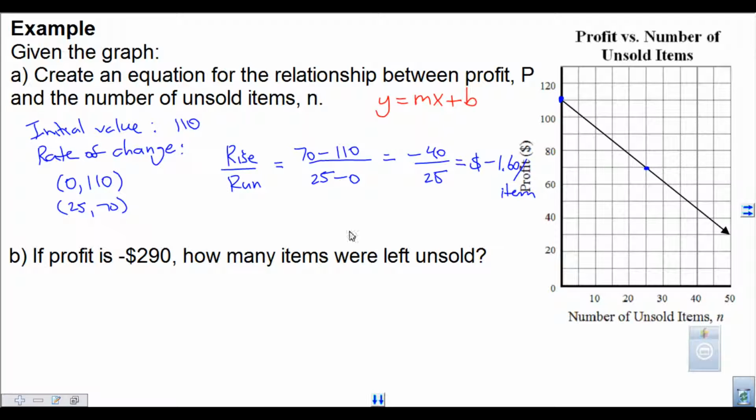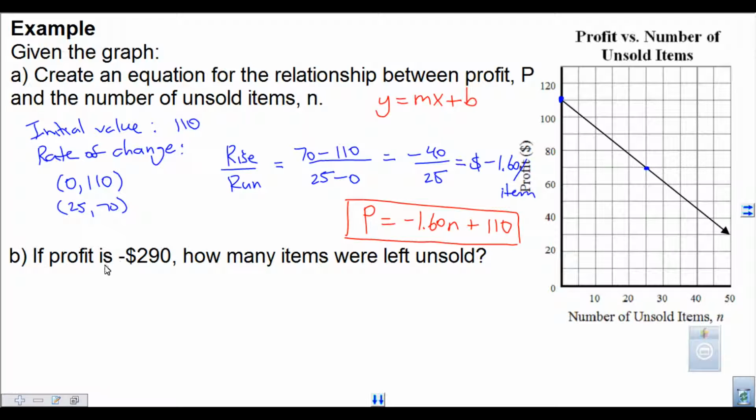So I'm going to use a letter P for profit, is equal to M. The M stands for the rate of change, which we just calculated as negative 1.60. X stands for whatever these numbers here mean, and that means the number of unsold items, N, plus B, that stands for the initial value, which in this case is 110.